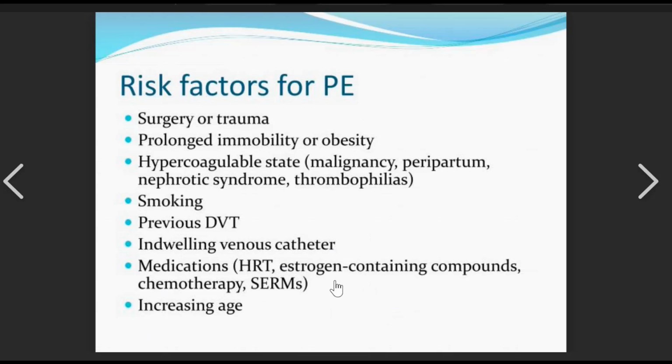Certain medication that contain estrogen, for example oral contraceptive pills. If a person is on OCP pills and also smoking, remember that patient has a high risk of getting a PE. Also, as age increases, it increases the risk for PE.